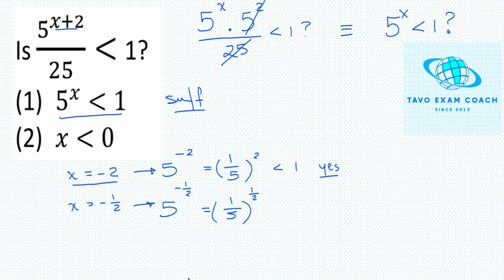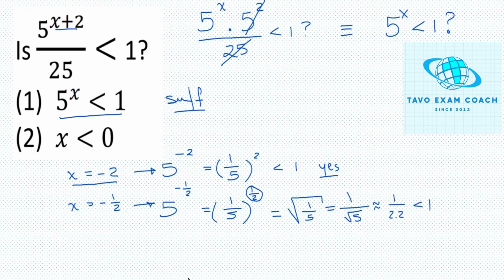And then we can interpret this fractional exponent as the square root of 1 over 5. That is 1 over the square root of 5, which is approximately 1 over 2.2. But then you can see that this is still a number less than 1.